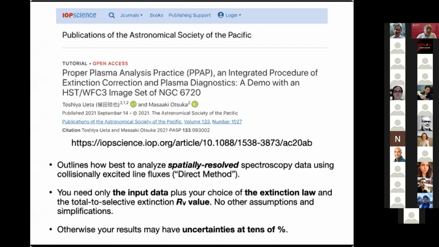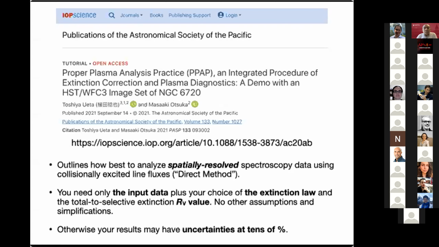It can be done for any spectral imaging data set. If you follow this, what you need is just the data with your choice of the extinction law and the ratio of total to selective extinction, R_V value. Then you don't need anything else. You don't need any other assumptions or simplifications. You can just solve everything and get the results.